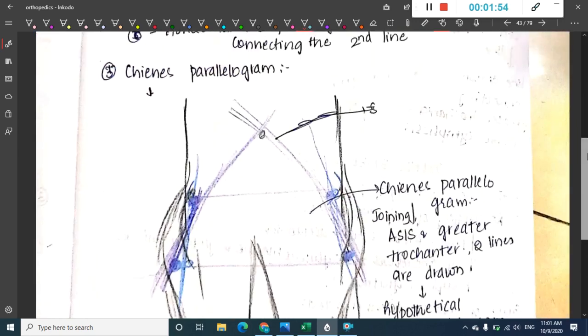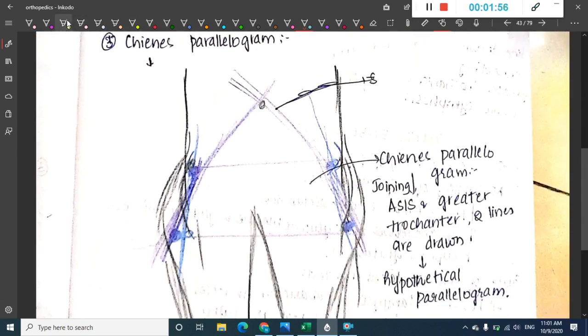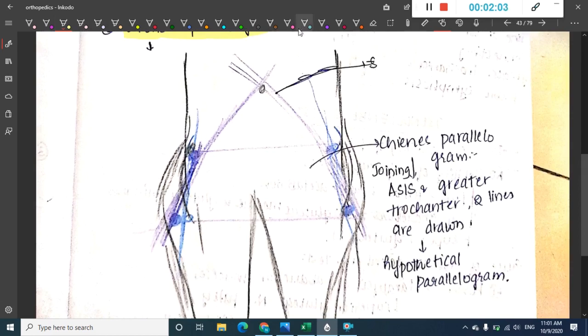Then the third important miscellaneous test is called Chiene's parallelogram. Here this is the anterior superior iliac spine, and this is the greater trochanter. I'll draw this because this diagram is not that good.